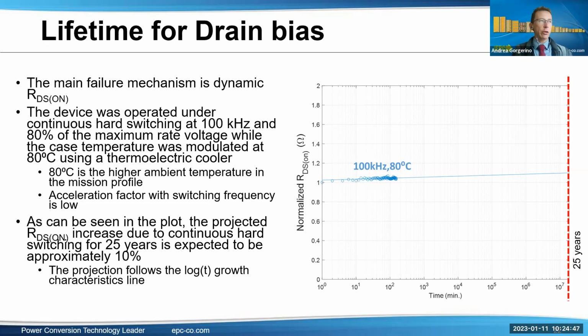After 25 years, you're increasing RDS-on by 10%. There's no failure here. Especially if you remember the chart of losses I've shown, the conduction losses are a fairly small percentage of losses, at least in hard switching applications. So this is really not a concern under any operating conditions that we want to consider.